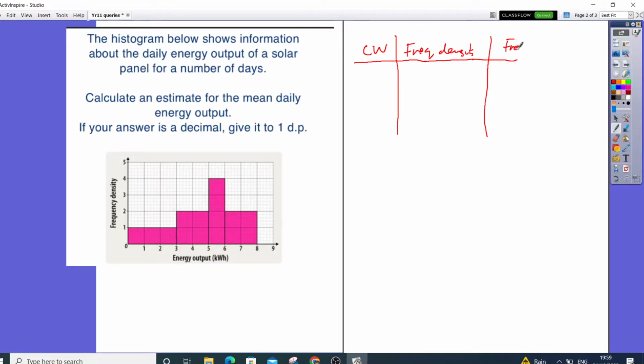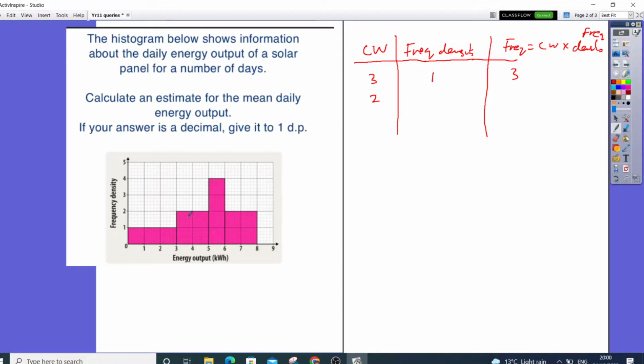Now you should know that frequency is the same as class width times the frequency density. Okay, so class width here is going to be 3, and the density of that is 1. So 3 times 1, the frequency is 3. This one, it goes 3 to 5, this bar, so that's going to be 2.